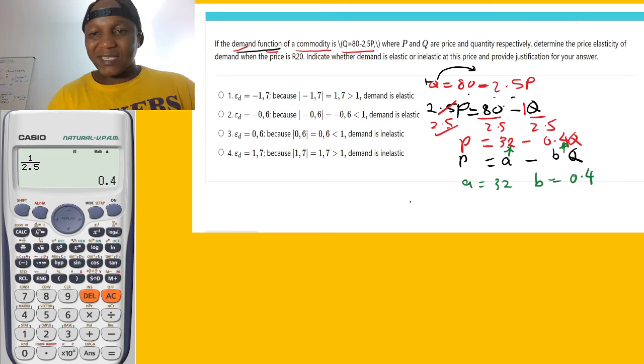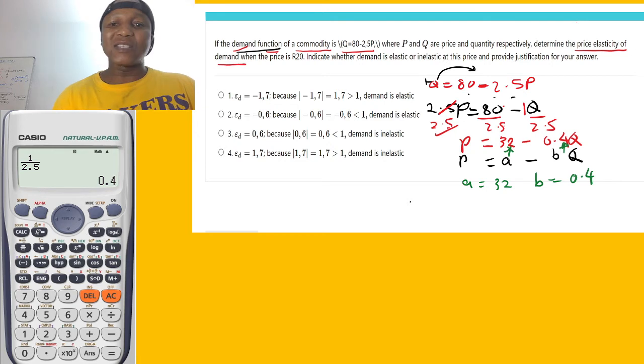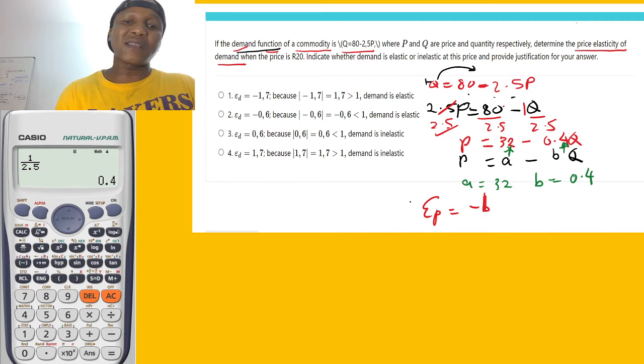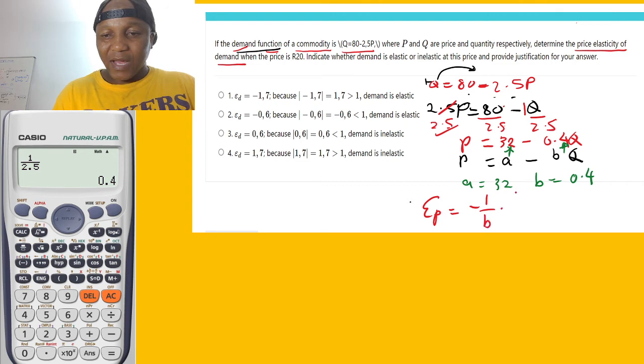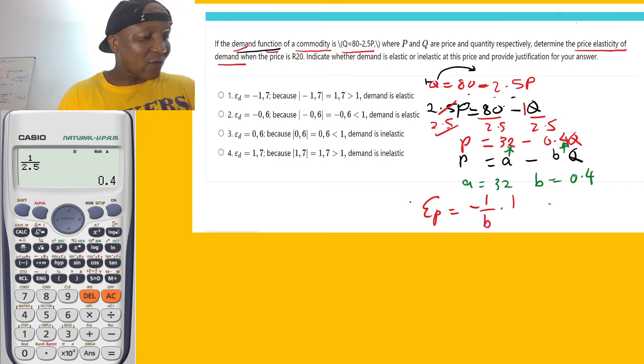In the question, they say determine the price elasticity of demand. The price elasticity of demand is equal to minus 1 over B, times price over quantity.